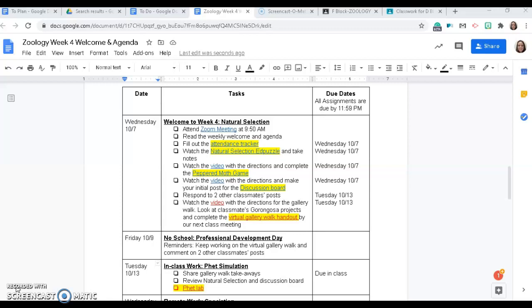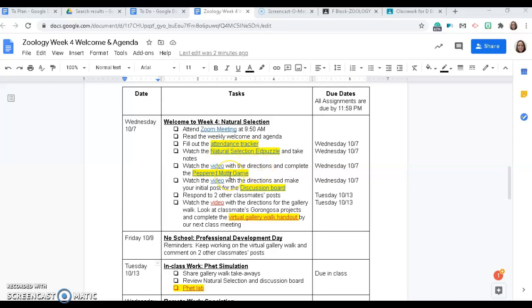So, everybody today, Wednesday the 7th, is going to hopefully attend a Zoom meeting at 9:50 just so we can go over some of the expectations for the week. Everyone's got to fill out the attendance tracker, as always. There's the natural selection Edpuzzle video, in which you will watch the video and answer some questions about it, those little pop-up questions, and take notes.